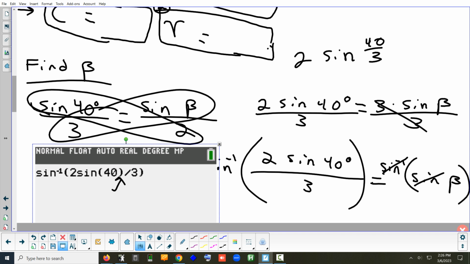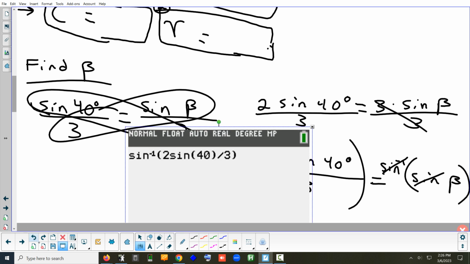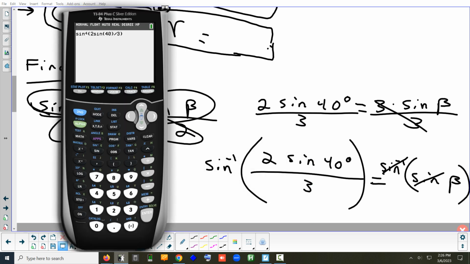We want the sine of 40 and then divide by 3 after. That's different. Okay, just get rid of that. All right, so we get 25.374.